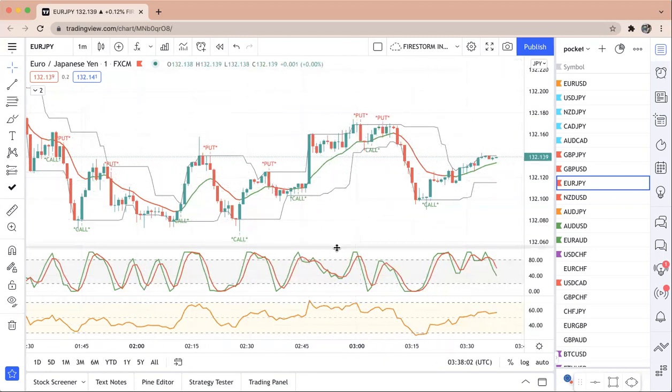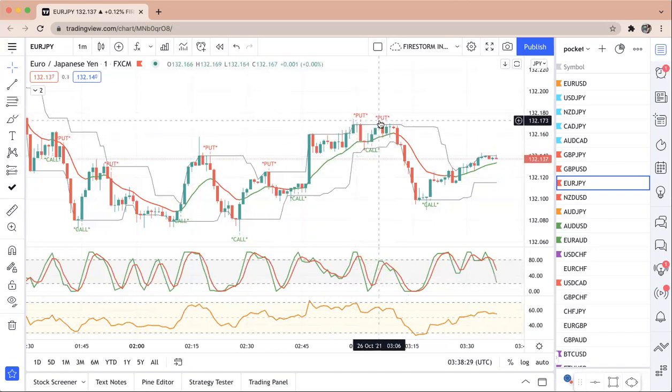I can tell you when you take a signal that goes with the trend, you're more likely to have a successful signal than if you go against the trend. As you can see, for example, right here, the trend is green. It is going up for a buy. All the calls went up to be in the money. But the two put options up here, which would be your sell options, were not in the money.